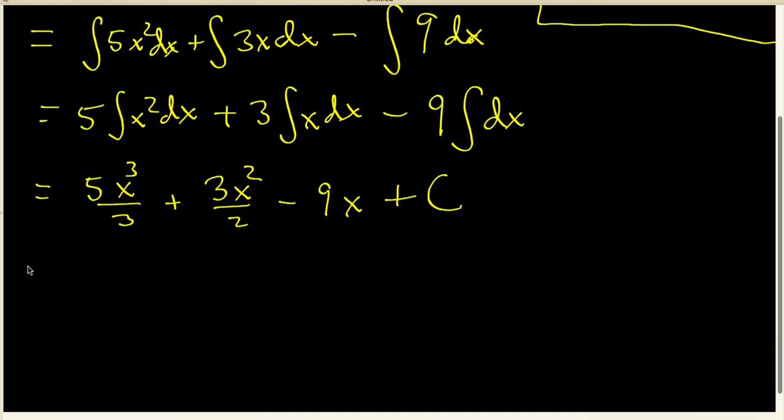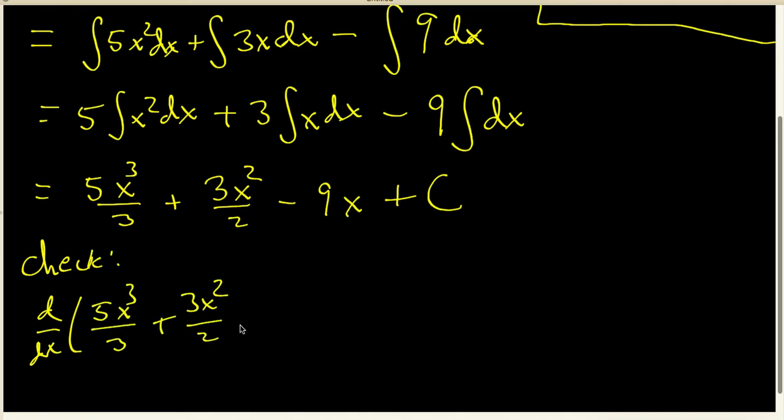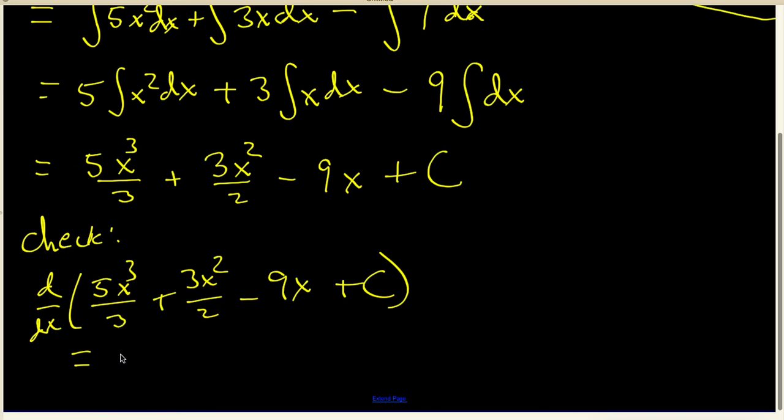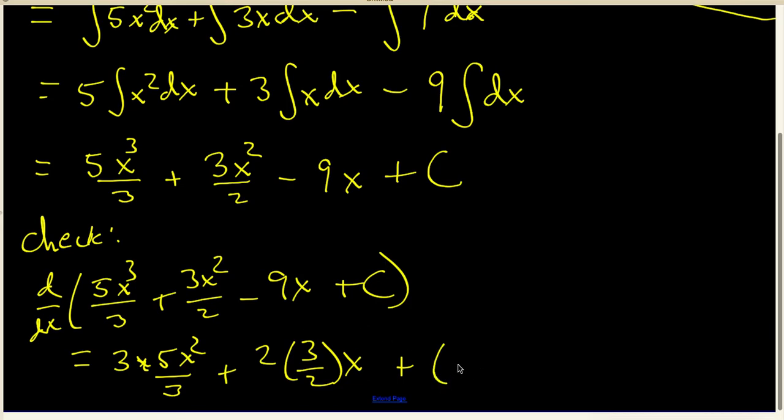Again, let's check by differentiating our answer. If I look at d dx of 5x cubed over 3 plus 3x squared over 2 minus 9x plus a constant, the derivative of the first part is going to be 3 times 5x squared over 3, and the derivative of the next part is going to be 2 times 3 halves x, and the derivative of this part is going to be minus 9 times 1, and the derivative of that constant is going to be a big fat 0.